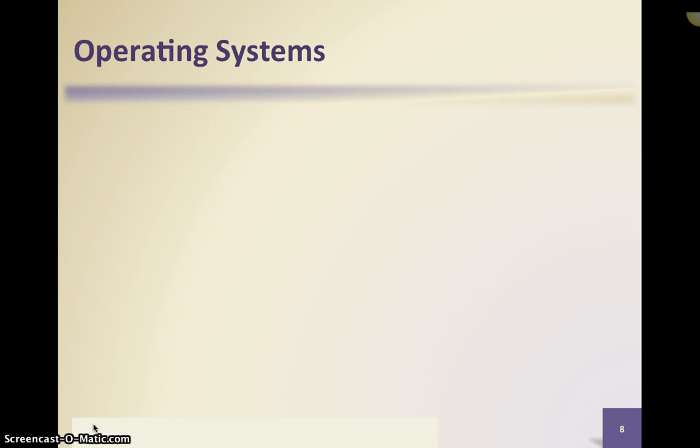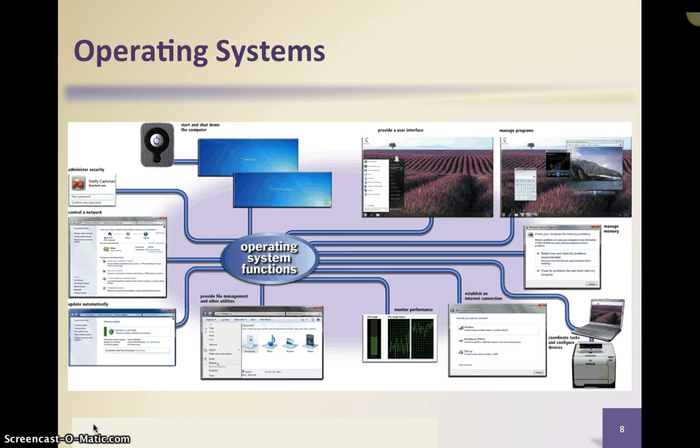So the operating system does a lot of different things. It starts and shuts down the computer. It provides the user interface. So the way that you particularly interact with the computer is the operating system. It manages the programs that you load onto your system. It manages memory.